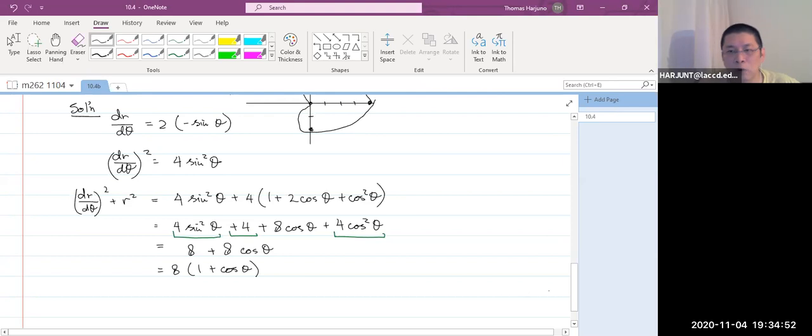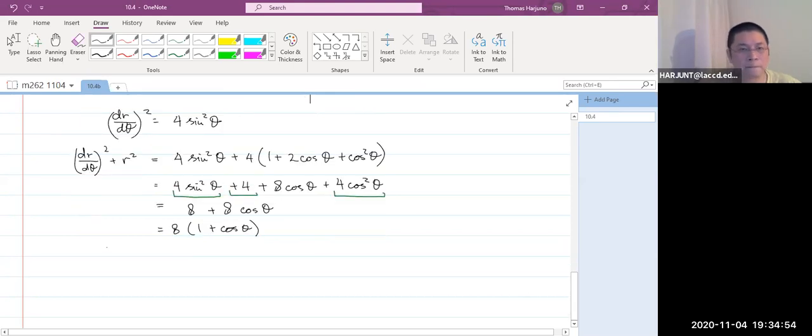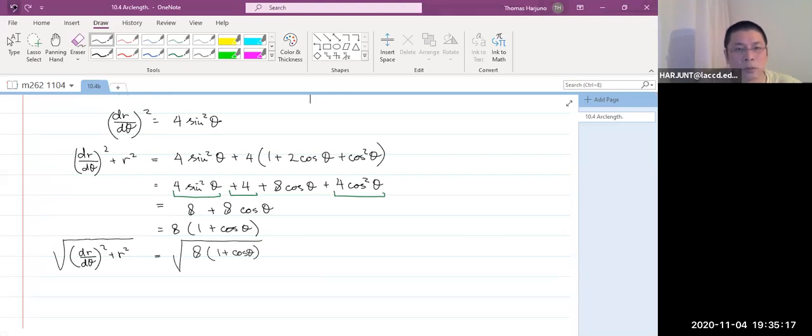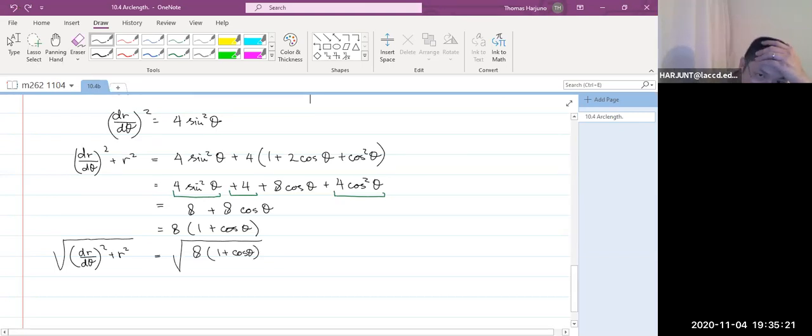The thing is, how do we play with the square root? The square root of (dr/d theta) squared plus r squared is equal to the square root of 8 times (1 plus cosine theta).